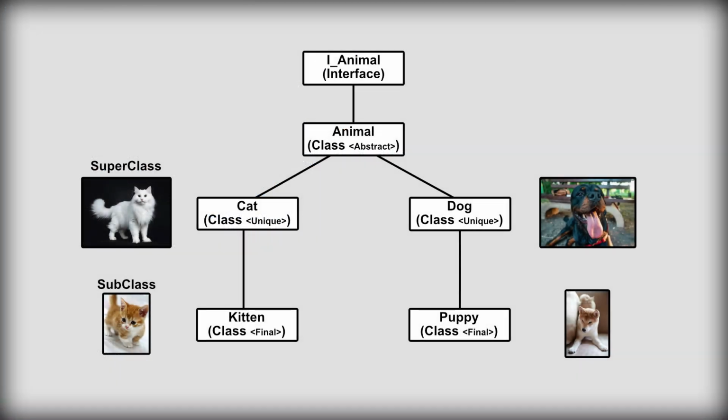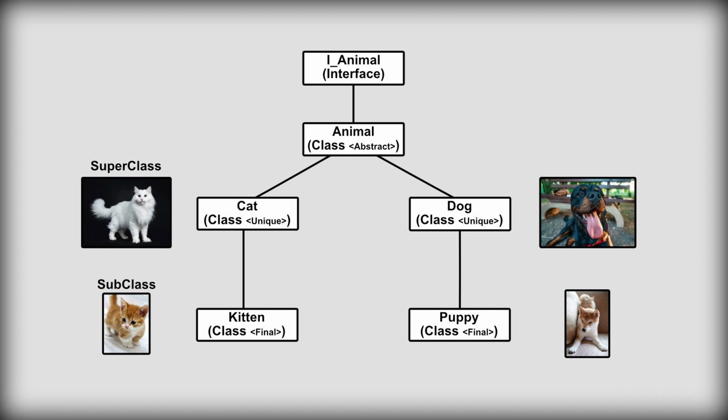Looking at our hierarchy, you can see that our animal class has two subclasses, cat and dog. Here we can see that cat inherits from the animal class. In this case, animal is the superclass, or parent class as you may hear it being called, and cat is the subclass, or child class. If we take a look at the kitten class, we see that it inherits from cat. Cat is the parent class to the kitten child class.